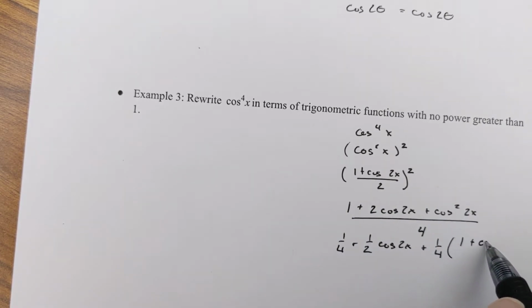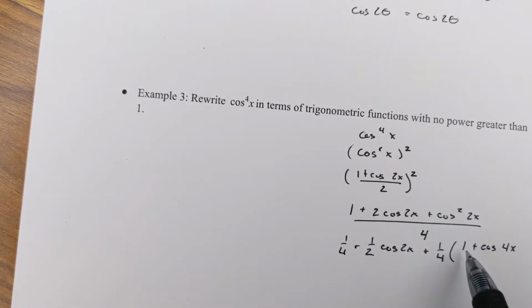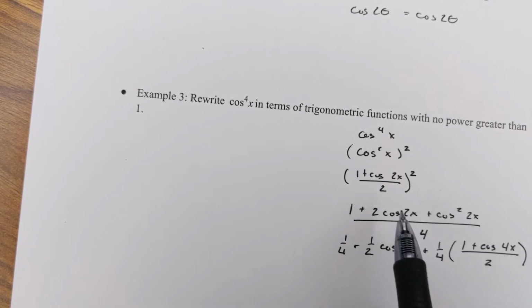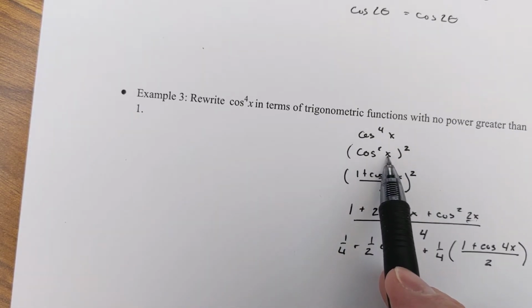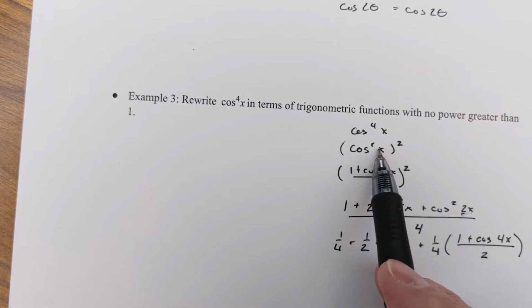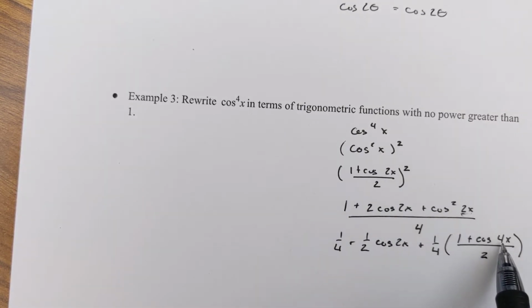It's actually going to be cosine 4x here. The reason it becomes 4x is that the formula has a 2x in it already, and my angle is still 2x, so whatever the angle is gets doubled. So x becomes 2x, which means 2x has to double to become 4x.